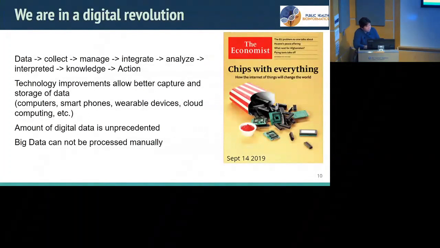So the process from generating data, could be sequence data, could be epidemiological data, the collection of the data, the management of data, the integration of data sets, the analysis, interpretation, and the generation of knowledge and taking actions based on those information are increasingly digitized, and technology improvement has allowed better capture and store of the data, but it doesn't necessarily make it easier to integrate, analyze, or interpret the data.